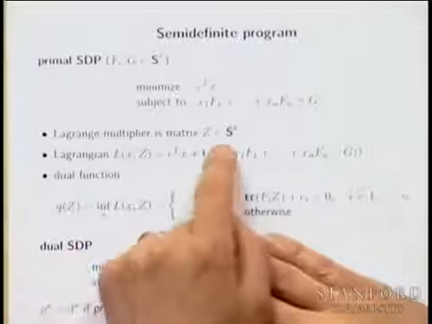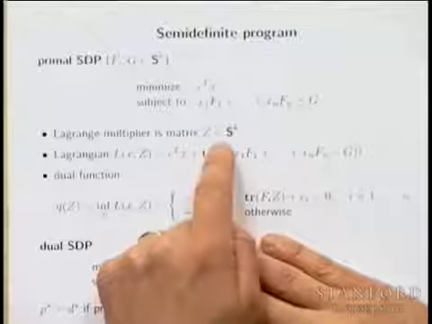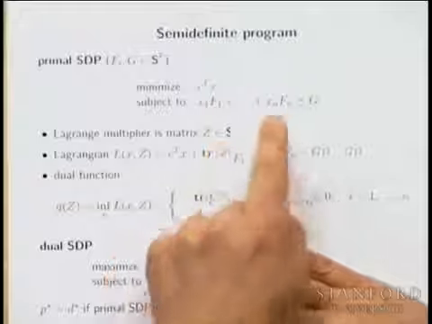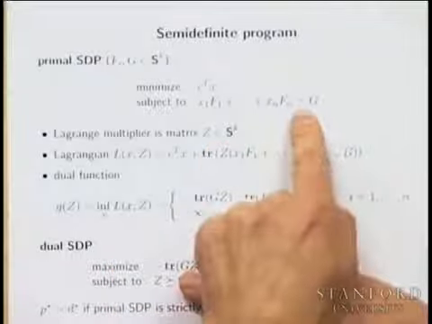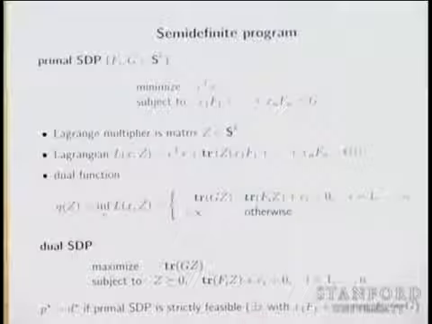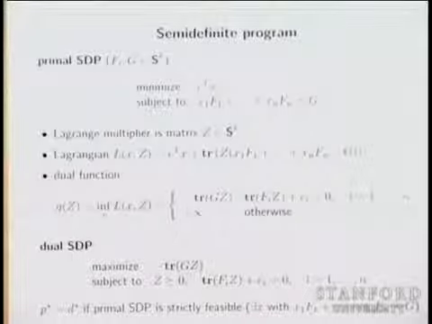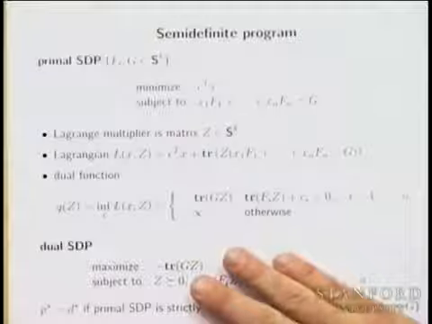And the Lagrange multiplier here is going to be an element of the dual cone. It's a matrix inequality, so it's going to be a symmetric matrix Z, and it has to be non-negative in the dual cone. Now the dual of the positive semidefinite cone is the positive semidefinite cone. So Z is going to end up being a positive semidefinite matrix.